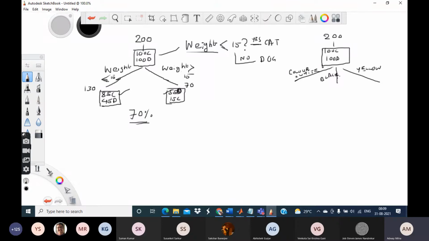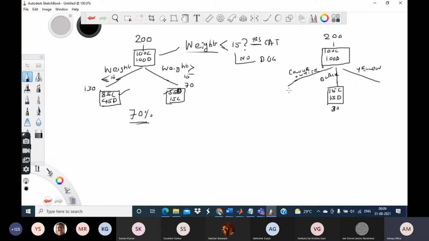In these cases also, we saw some kind of split in the data set. Let's say if it is black, then it's 15 cats and 15 dogs.